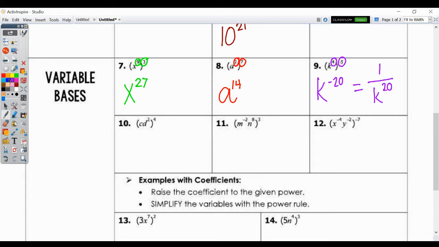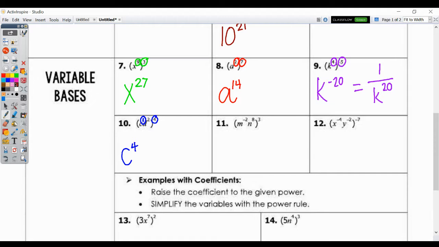Let's look at number 10. So number 10, it's got two variables, okay? So we should know that beside this c, I have an exponent of 1, okay? So the first thing I'm going to deal with is c, and I have c to the first power and to the fourth power. So I multiplied those two together. 1 times 4 is 4.